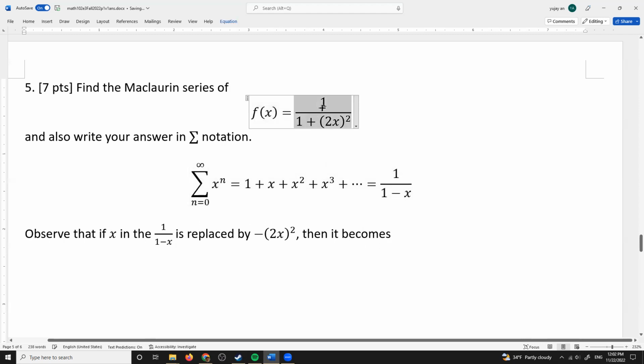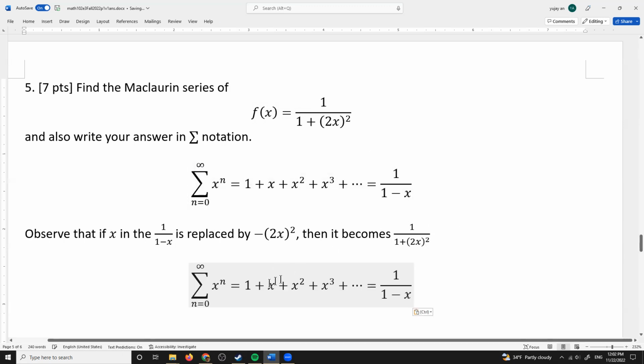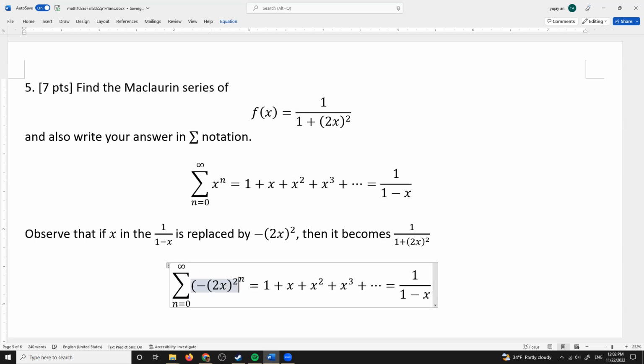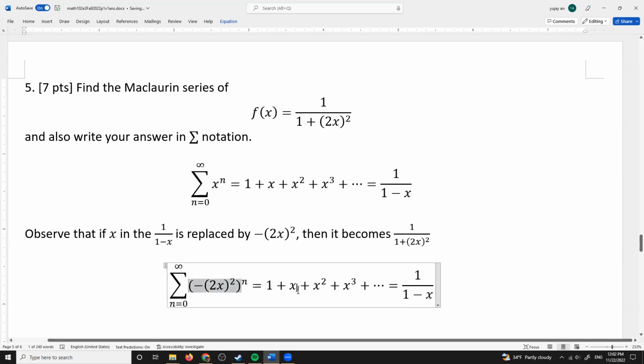It becomes this thing. Okay. So what you now know is I replace x by negative 2x squared. So this just replaces all the x's.